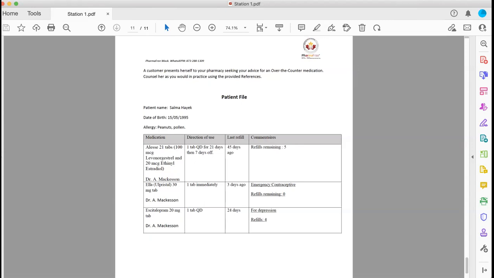As I said, referral is a good scenario. Some of you may recommend to give Ella as well, as the doctor is not here, the doctor is traveling, and this is an emergency situation. This is my judgment: if you would give Ella one more time and justify it and make the documentation, this is not a bad action.